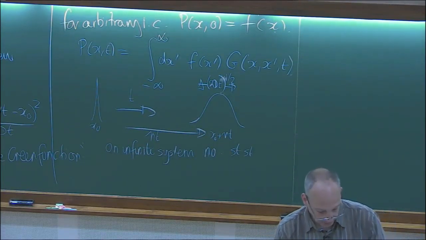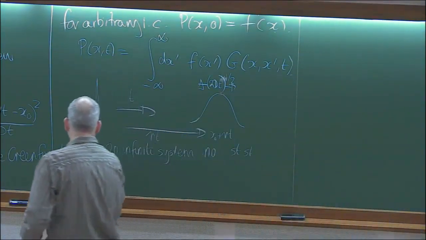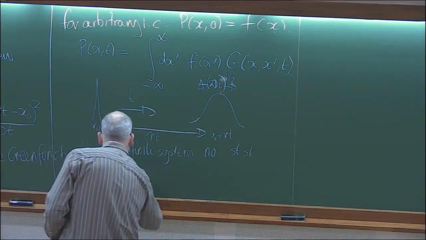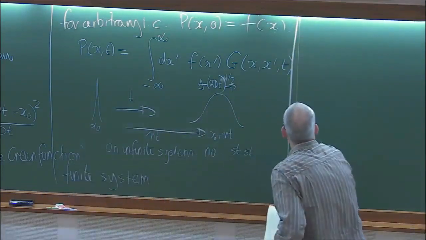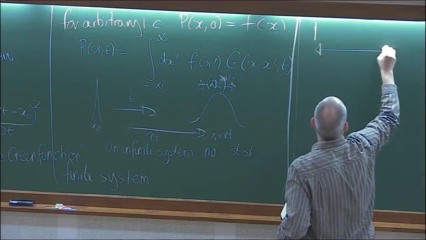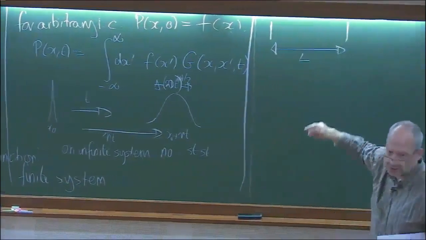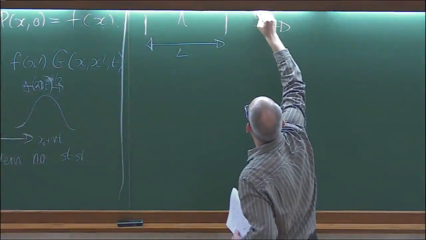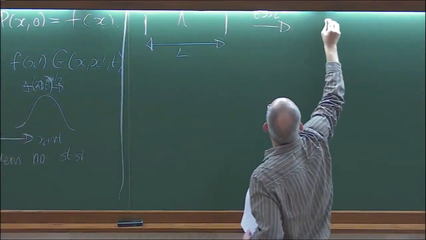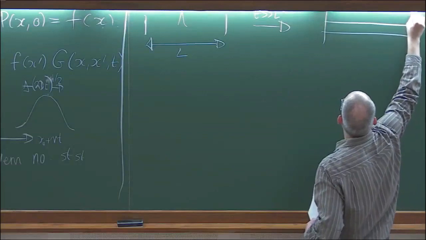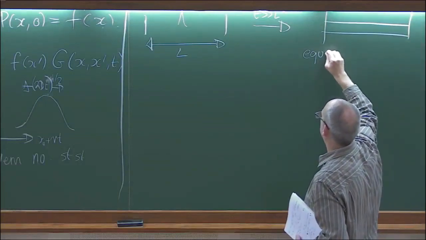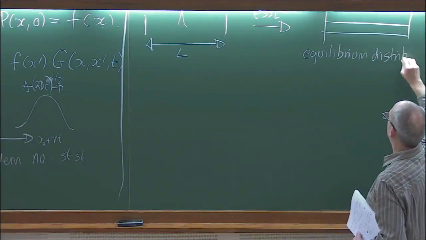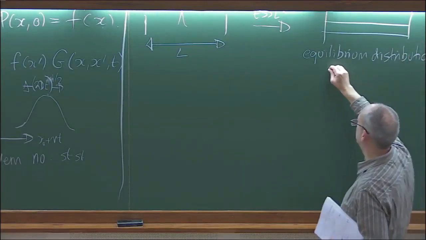So let me just draw that. In a finite system, let's say a box of size L with reflecting boundaries, if we start here, then after a time greater than L squared the distribution will be basically flat, and it will be an equilibrium distribution, by which I mean there's no current flowing and detailed balance holds.